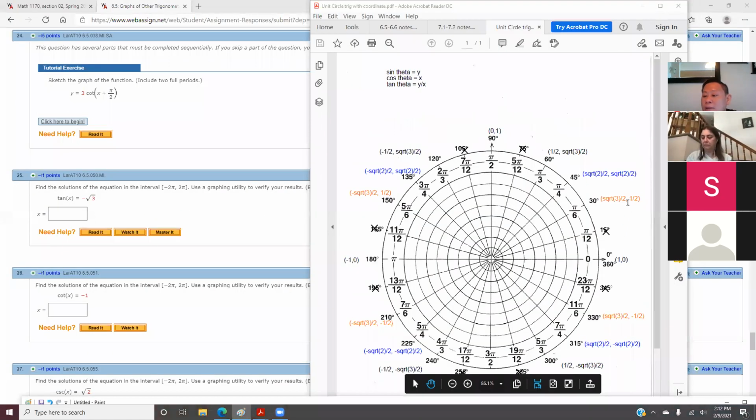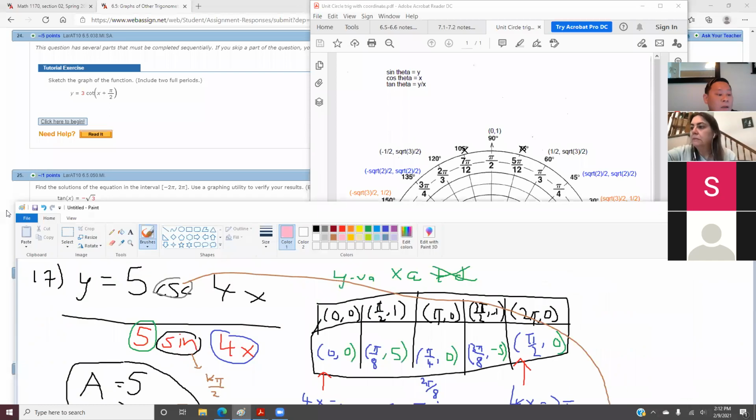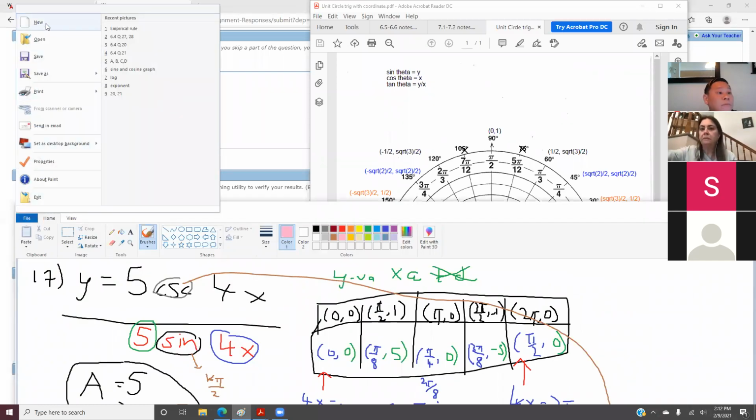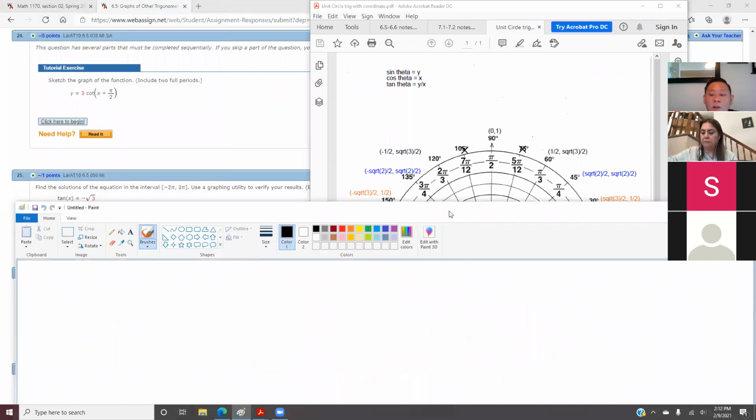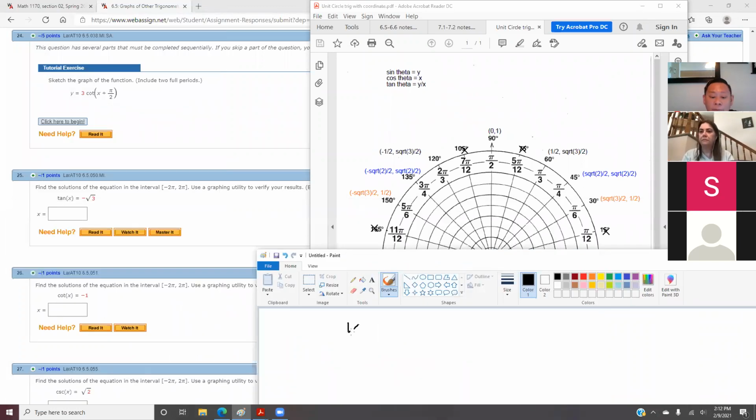So when you divide these two out, if you take 1/2 over √3/2, this 2 will cancel out.